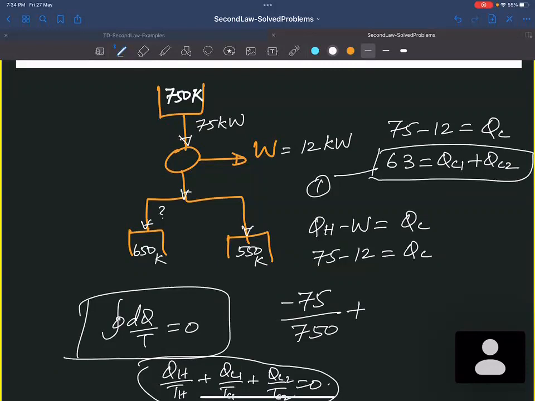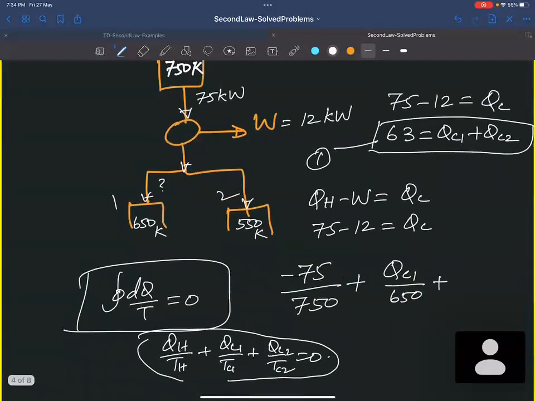Let us take these as 1 and 2. So QC1 by 650 and QC2 by 550, total is equal to 0.